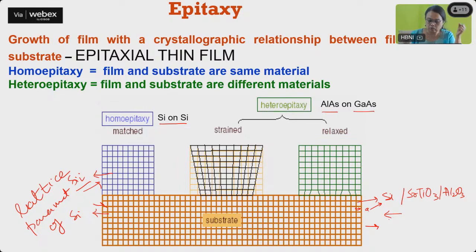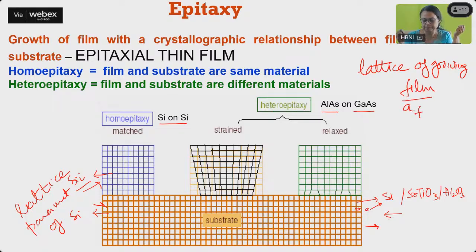It can be of two types: either the lattice of the growing film is smaller, say it is AF, and that of my substrate is AS.